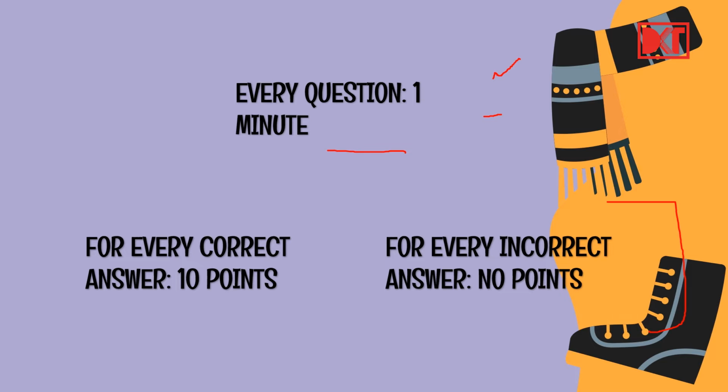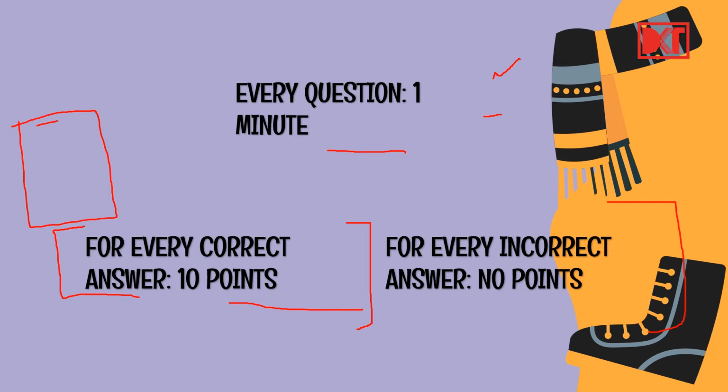So it is good to attempt those questions, and even if you don't know all the answers, try to understand and take a guess. Okay, so for every correct answer 10 points. This is just for your own little game where you can try to maintain a notepad.